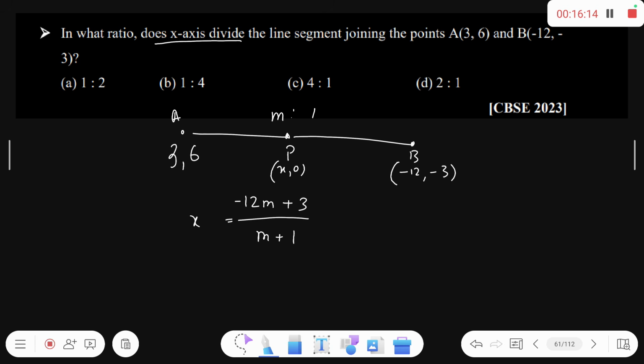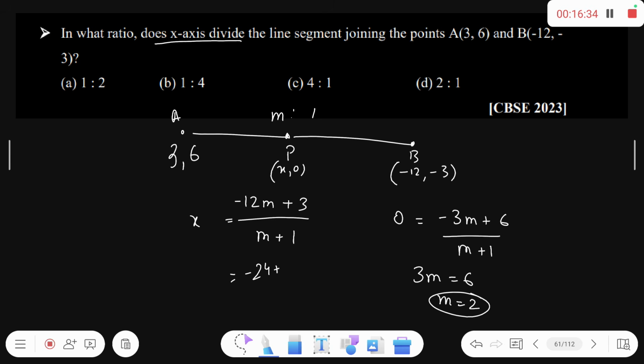Similarly, for the y coordinate, 0 is equal to (minus 3m plus 6) upon (m plus 1), or 3m is equal to 6, or m is equal to 2. Now put 2 here. So this is (minus 24 plus 3) divided by (2 plus 1), which is 3.